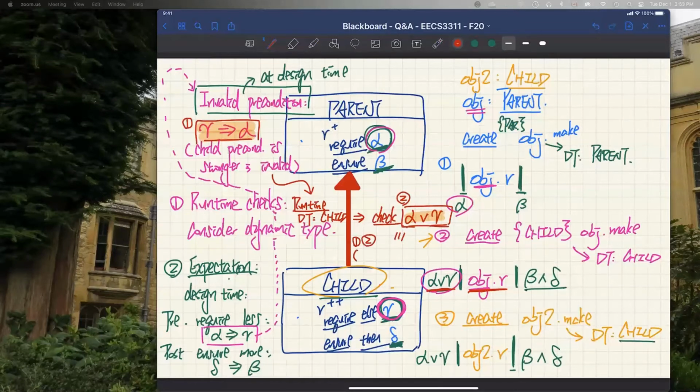If I know that gamma implies alpha, and then I want to check alpha or, actually, you know what? It's better to write it this way. Let me write it a bit better.